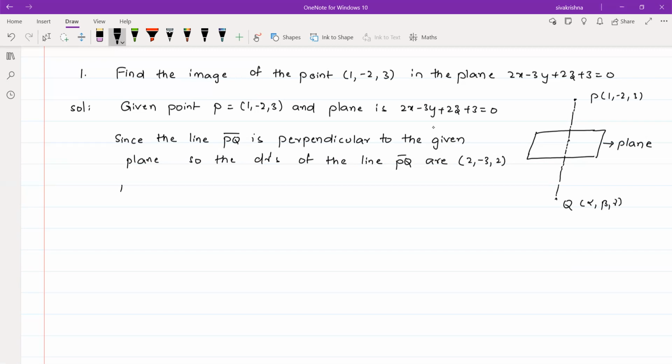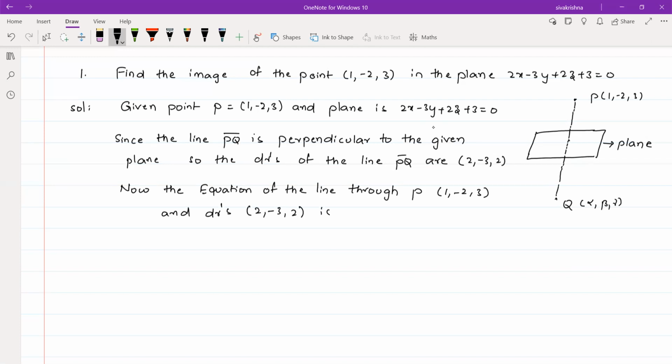Now the equation of the line through P (1, -2, 3) with DRs 2, -3, 2 is, by the formula, (x - x1)/a = (y - y1)/b = (z - z1)/c.